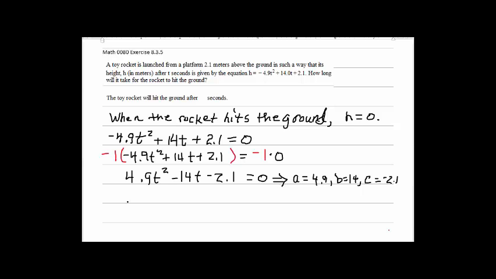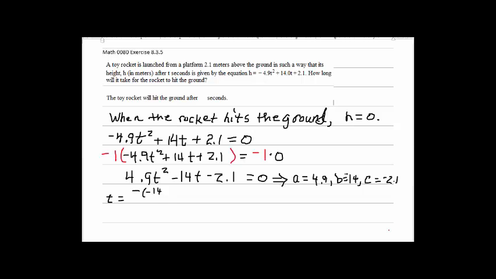So I'm going to use that information in the quadratic formula, which tells me the variable of the equation, which in this case is t, is negative b, which is negative 14.